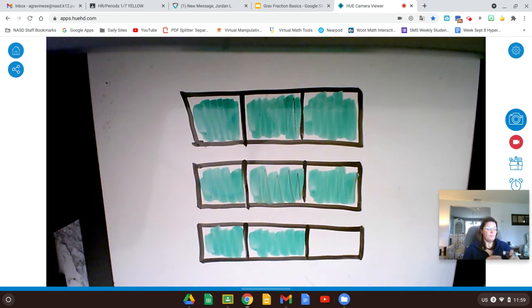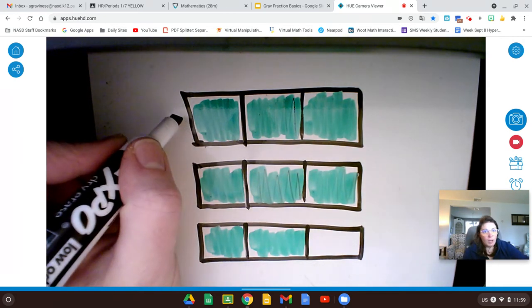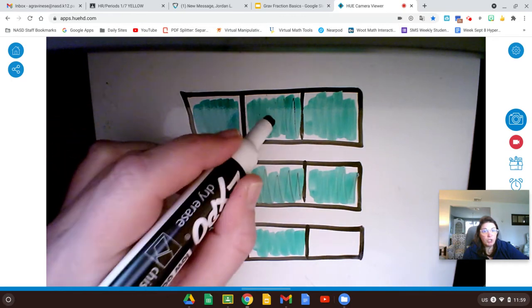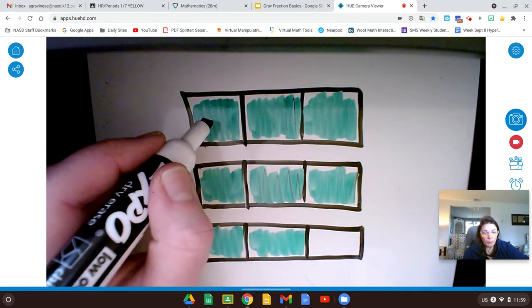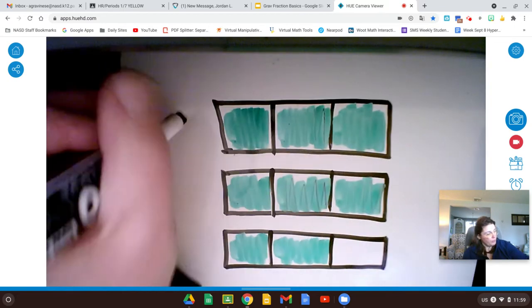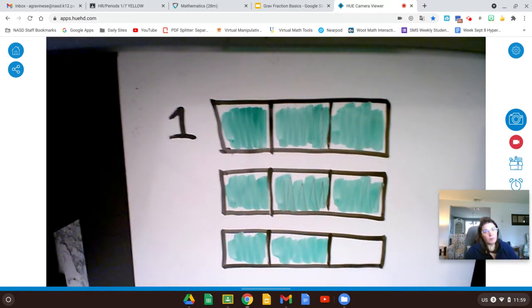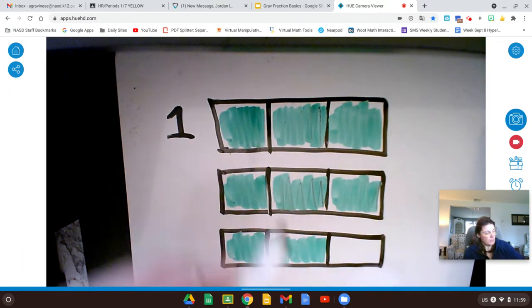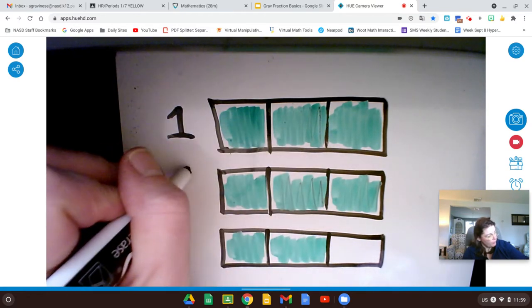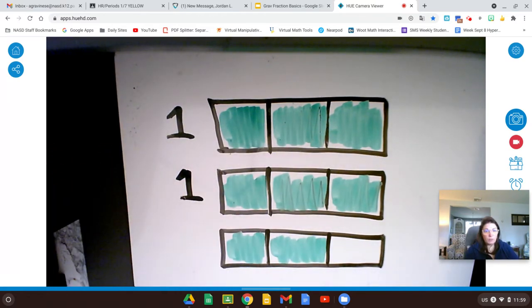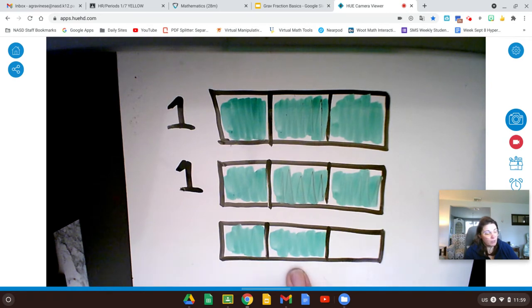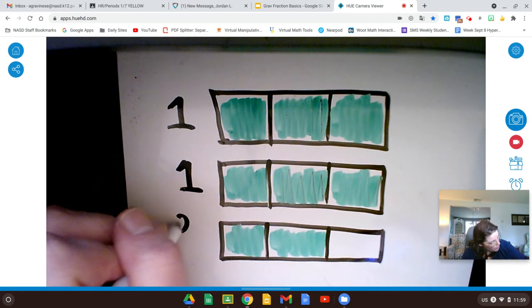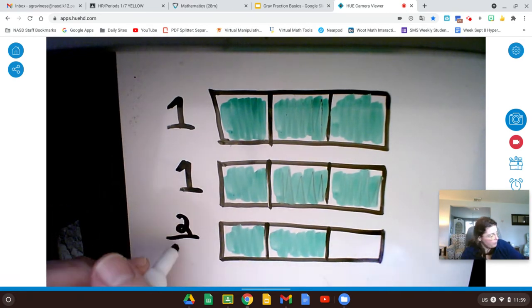In this model, I have 3 shaded out of 3 total, or the whole thing. In this model, it's the same. I have 3 shaded out of 3. That's another whole. And down here, I have 2 shaded out of 3.